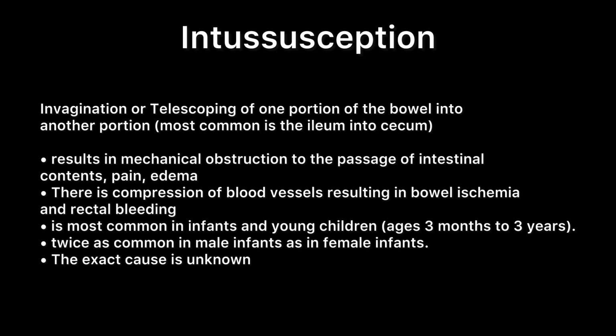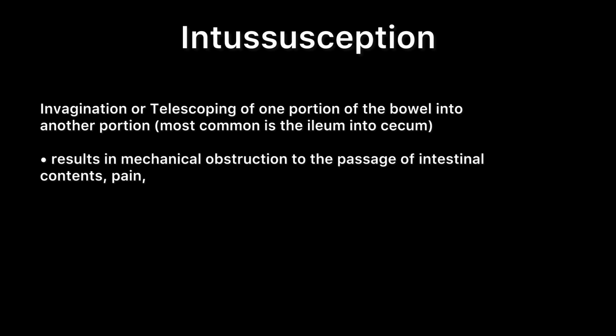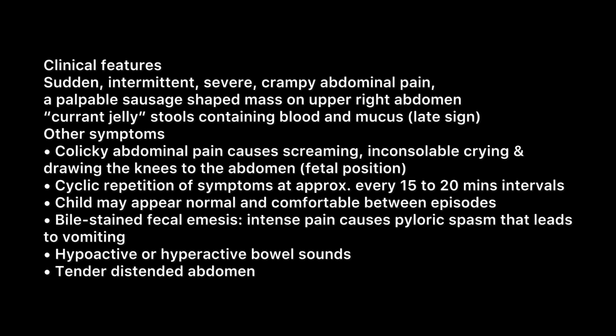Now let's go on to intussusception. It is invagination or telescoping of one portion of the bowel into another portion. The main cause of intussusception is unknown, but it is most common in infants and young children aged between 3 months to 3 years. The clinical features are sudden, intermittent, severe crampy abdominal pain, and a probable sausage-shaped mass in the upper right abdomen.